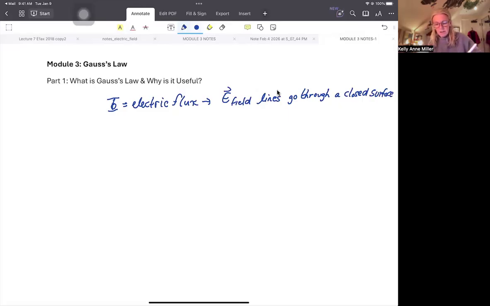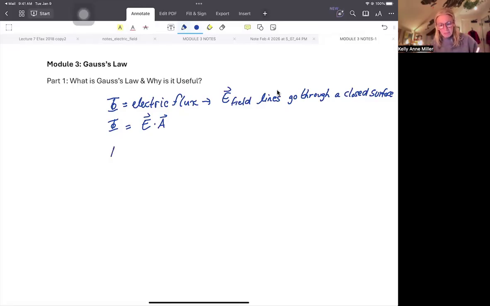Remember that's the definition of flux. We defined it in the tutorial as the dot product between the electric field and the area vector.